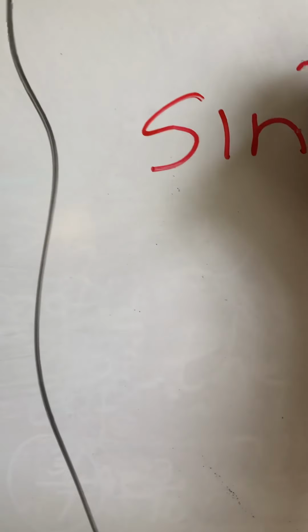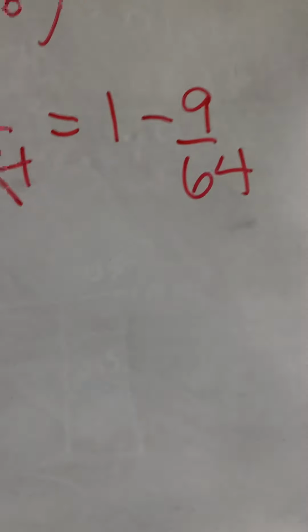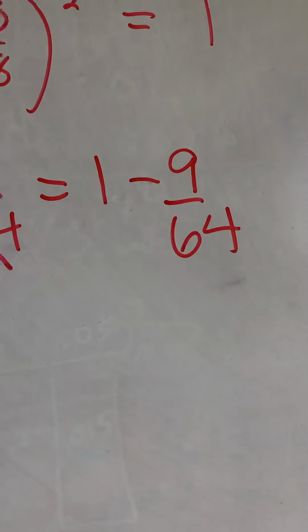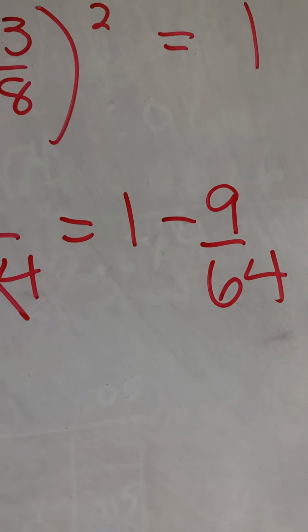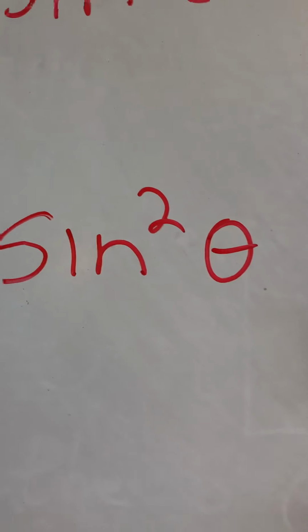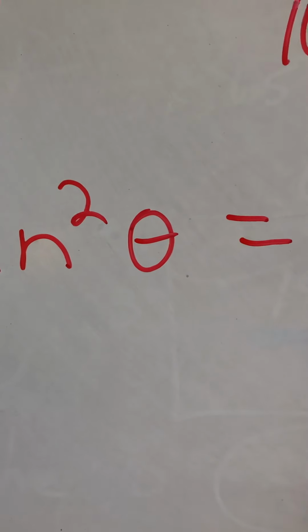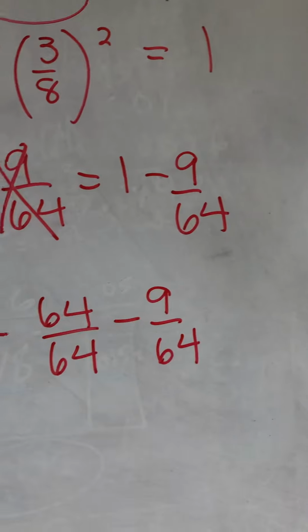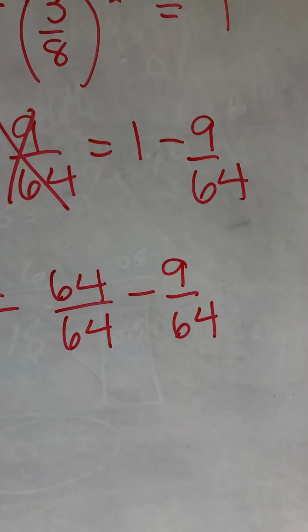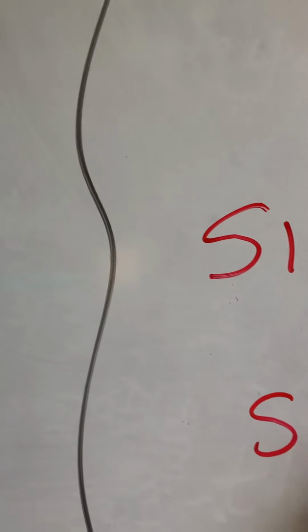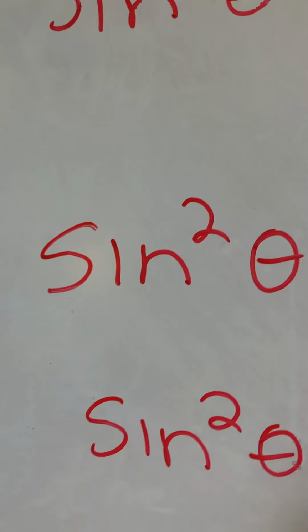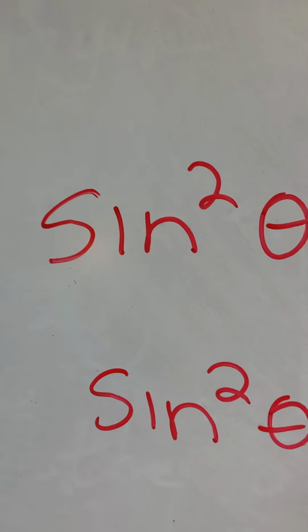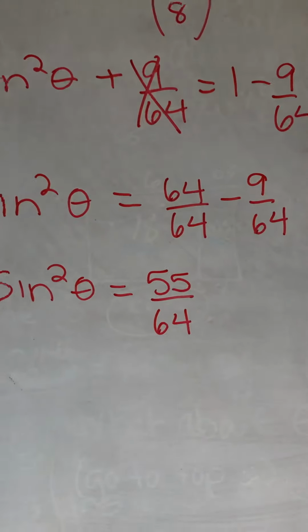So sine squared equals 1 minus 9/64. Okay, I'm going to make my 1 64/64. Just makes it a little easier to do my math. So 1 is 64/64 minus 9/64. Good. That means that sine squared is 55/64. There we go. Just a little math there.